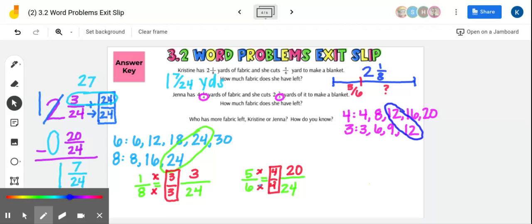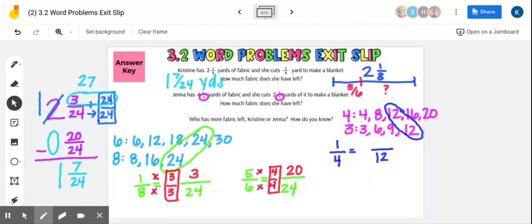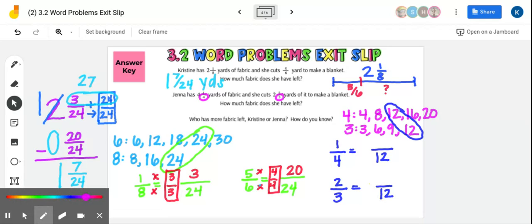All right, so I found the LCM to be 12. So I'm going to set up fractions to make equivalent fractions using my giant 1 in order to be able to subtract.